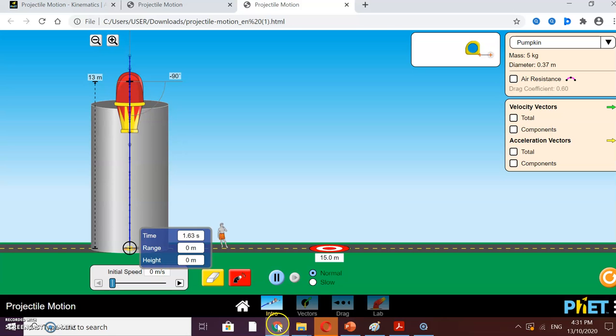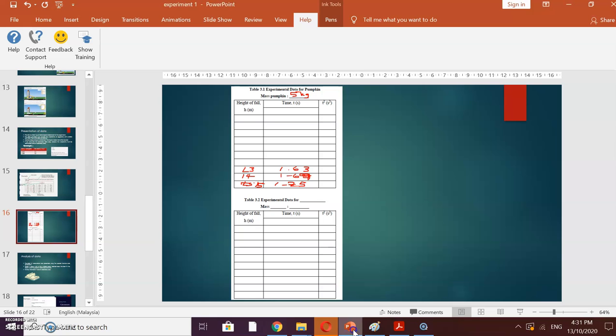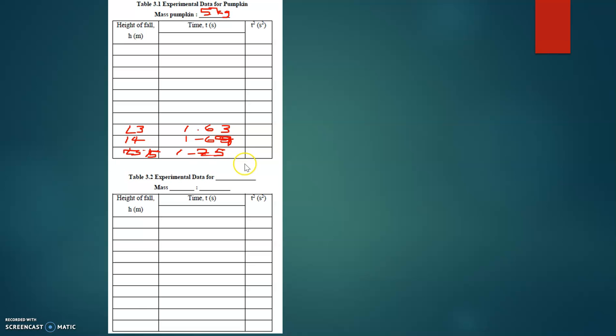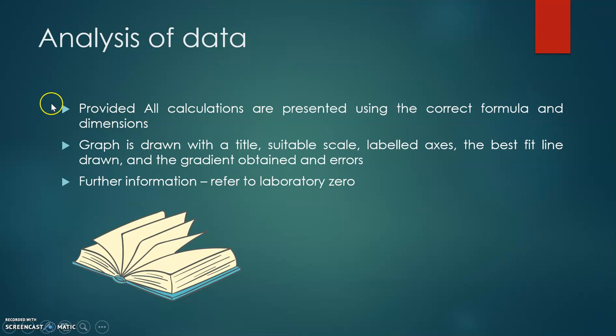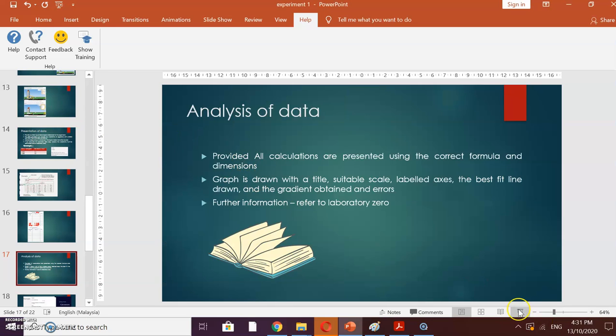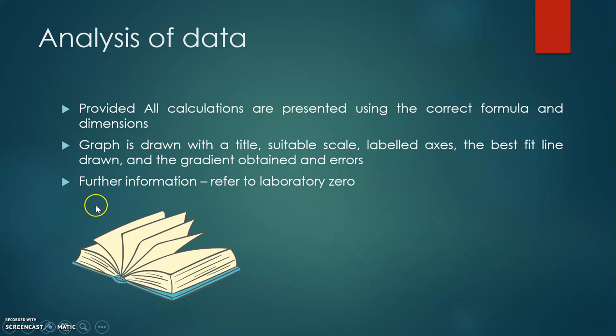Okay, let's continue. For the height of 12 meter, we calculate the time taken going down, which is equal to 1.56 seconds.